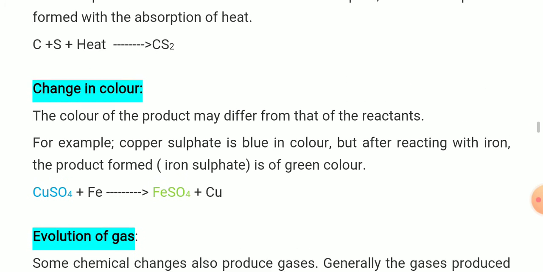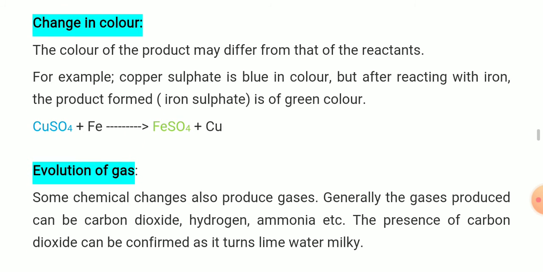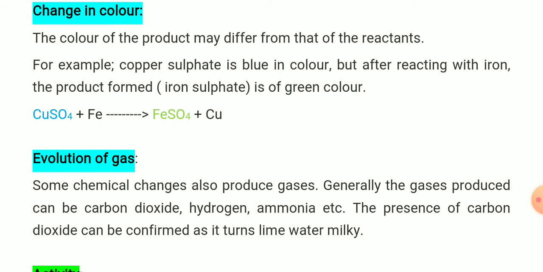Now, change in color. I have already mentioned that in some chemical reactions there may be a color change. The color of the product may differ from the reactant in some chemical reactions.